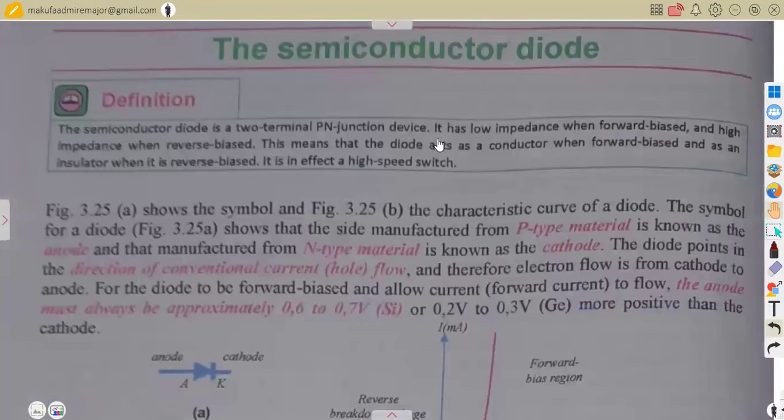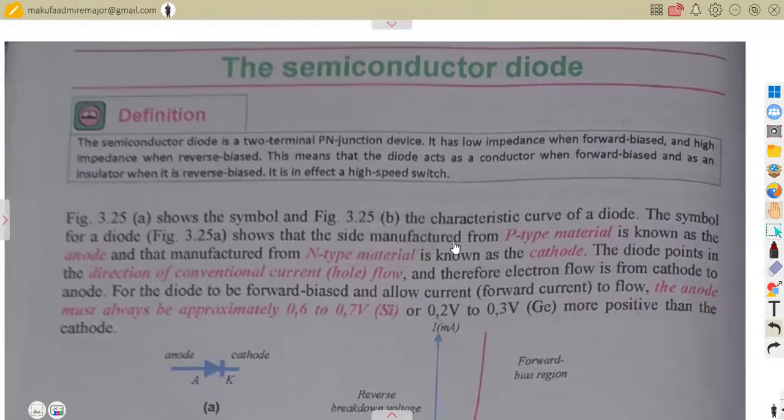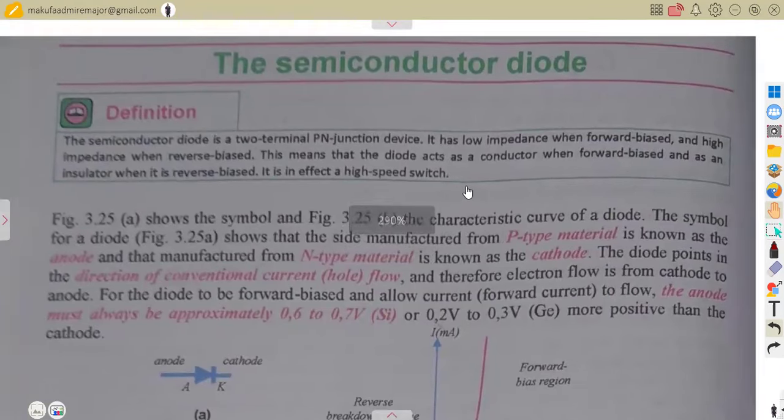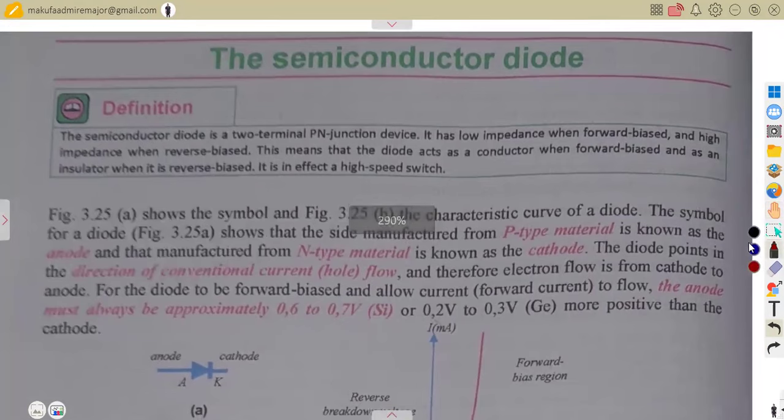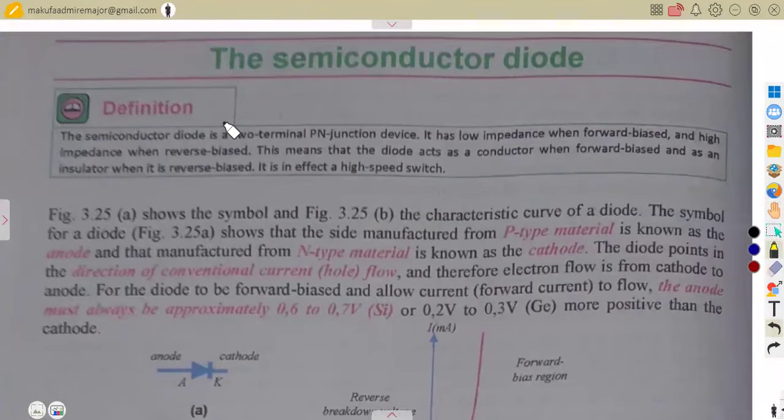If you are talking of a diode, remember it allows the movement of current in one way, a normal diode, but we're going to talk about that later on. So that is the semiconductor diode. The semiconductor diode is a two-terminal PN junction device. We are still talking of the same PN junction.